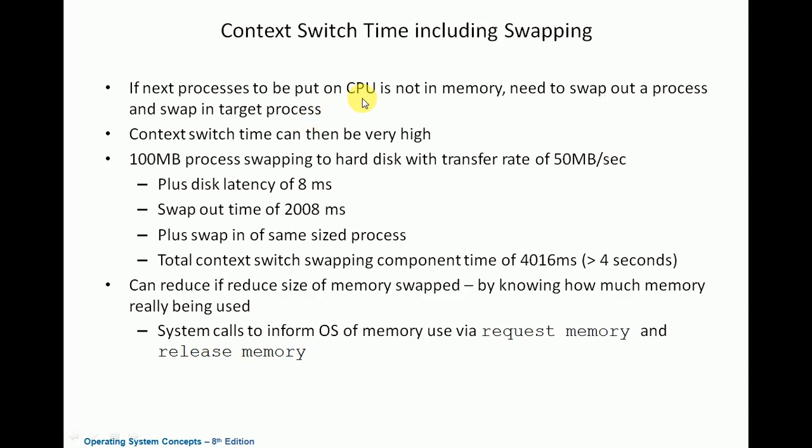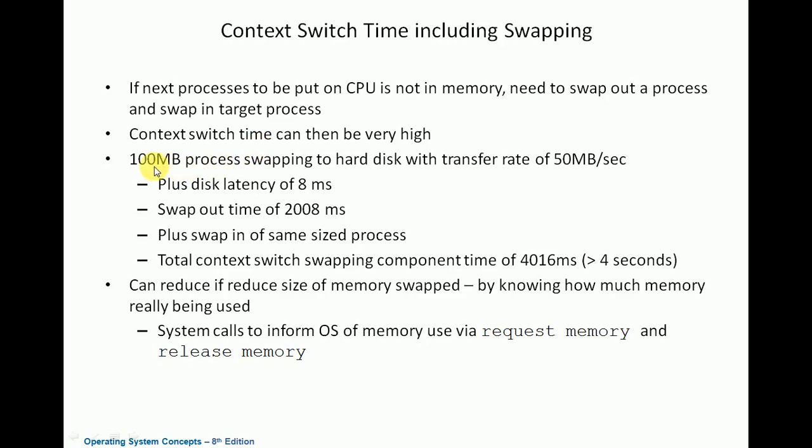The process that we want to execute, called the target process, is swapped into the main memory, and the existing process is swapped out to the backing store. This is called a context switch, and the context switching time is quite high.